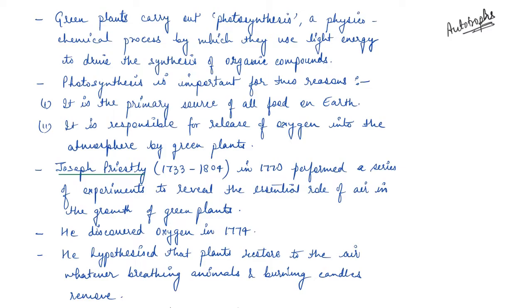He hypothesized that plants restore to the air whatever breathing animals and burning candles remove. He observed that a candle burning in a closed space, a bell jar, very quickly gets extinguished.